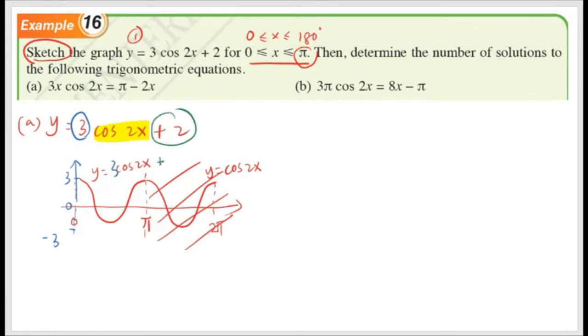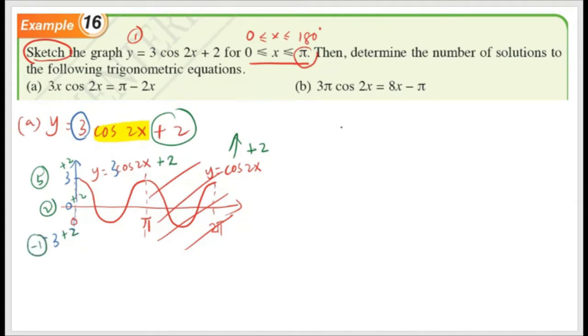Plus 2 means we move the graph 2 steps upwards. So 3 plus 2 becomes 5, 0 plus 2 is 2, and negative 3 plus 2 is negative 1.